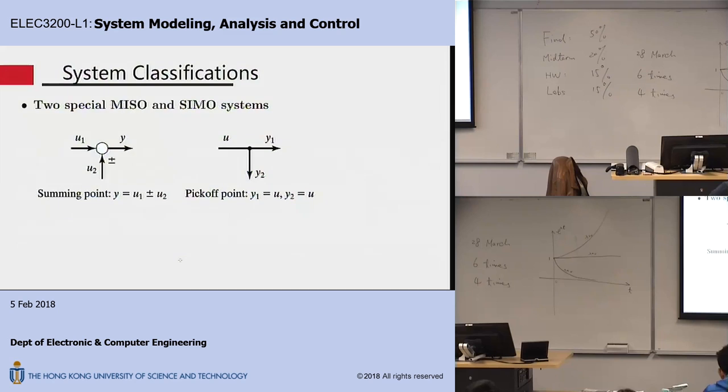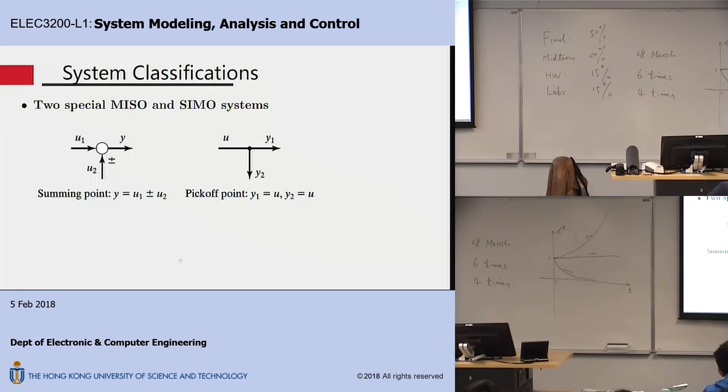The output is U1 plus or minus U2. We call it a summing point. This one has one input, two outputs: y1 is equal to u and y2 is equal to u. This is called a pickoff point.